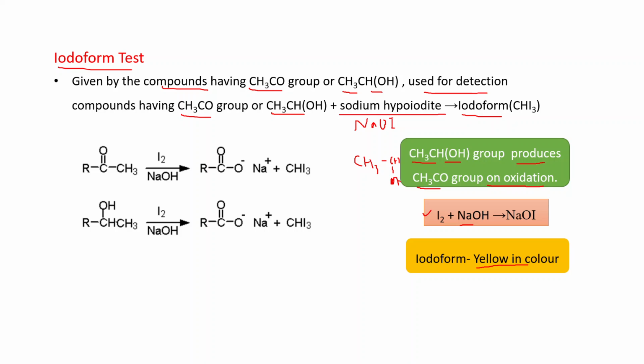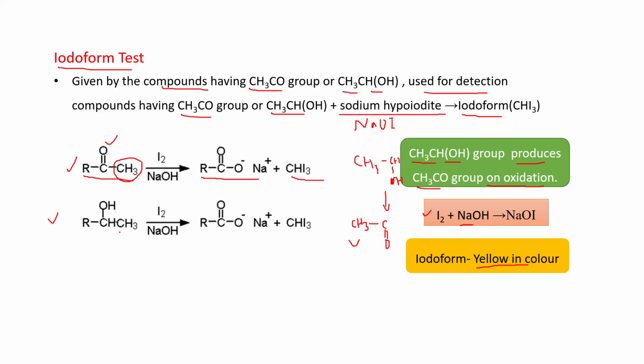First of all, this will convert into CH3C double bond O. Then this will react with sodium hypoiodide and form yellow colored iodoform. The reaction can be represented like this: RCOCH3. This part will convert into CHI3 and this part will convert into RCOONa.